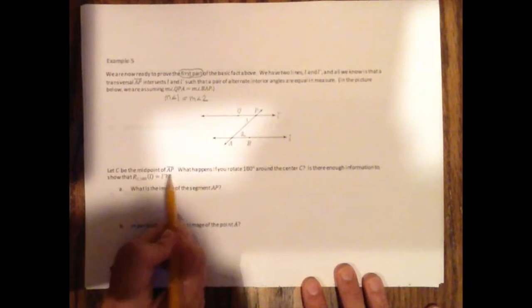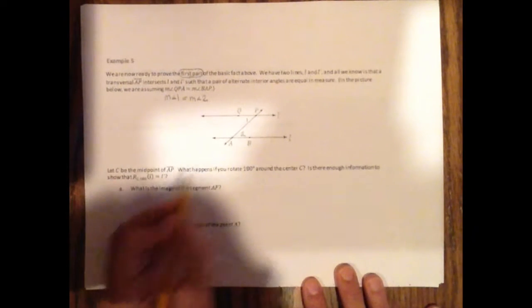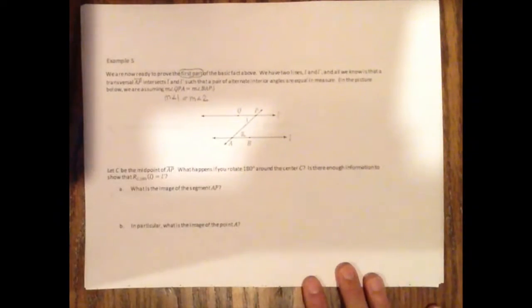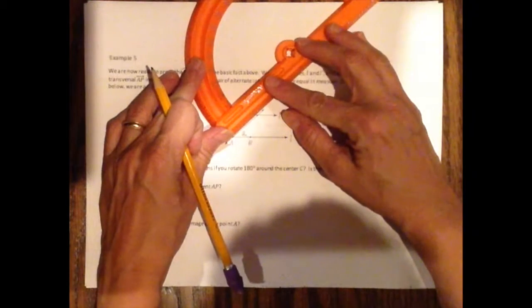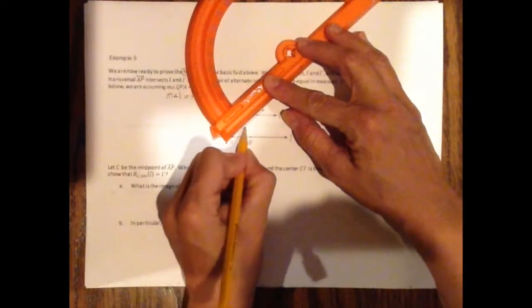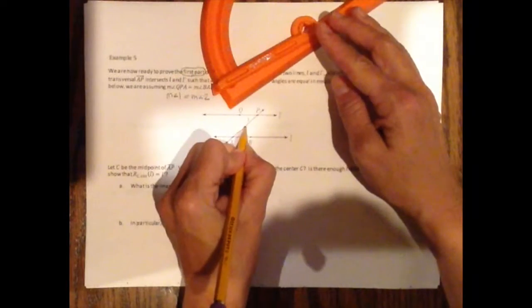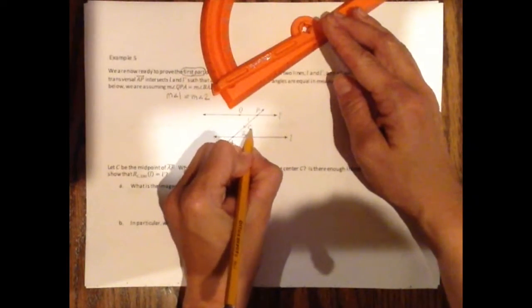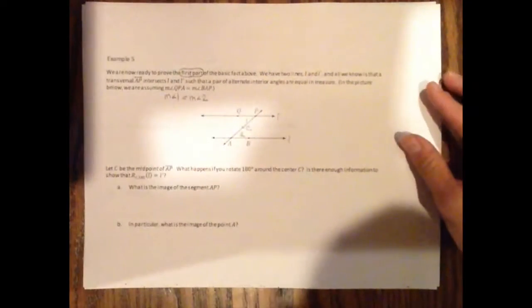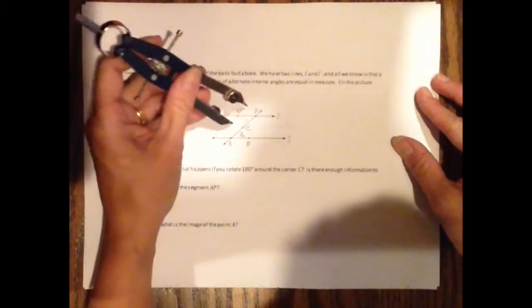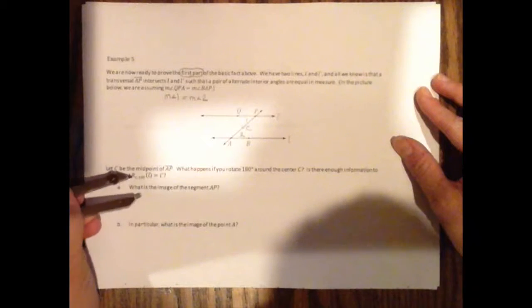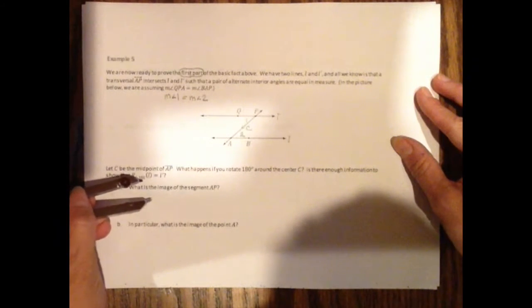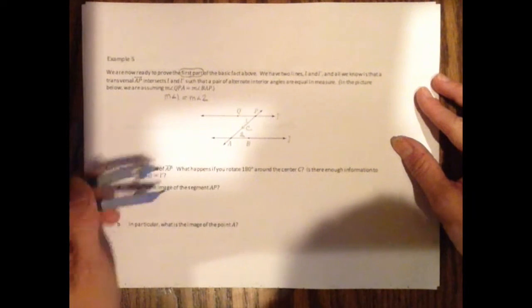Let C be the midpoint of segment AP. We've measured it a few times, actually just once, but it's an inch long on my drawing. So about a 1/2 inch. There is point C. What happens if you rotate 180 degrees around center C? Is there enough information to show that the rotation about C of 180 of L equals L prime?